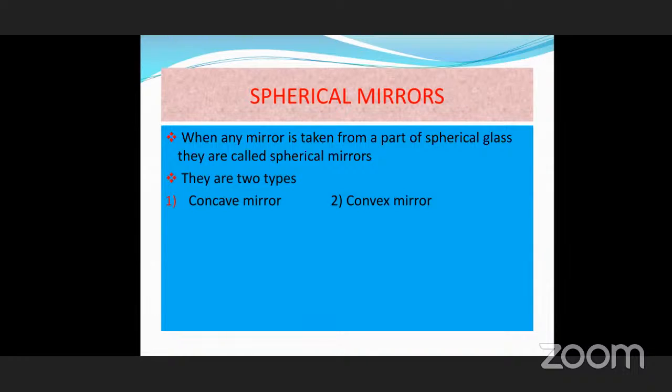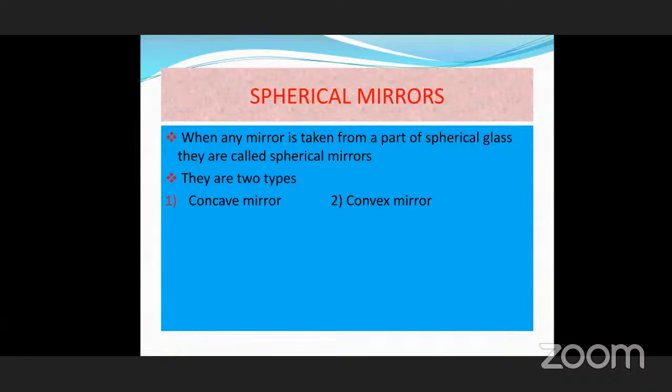Both can be formed from a spherical glass only by changing the polished side. You observe there are two sides: one is the polished side, and the other is the reflecting surface, the side on which light will fall.